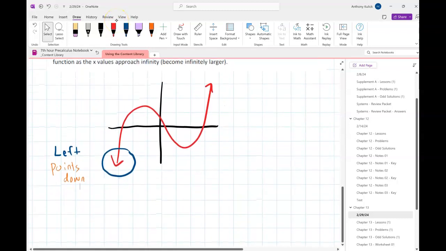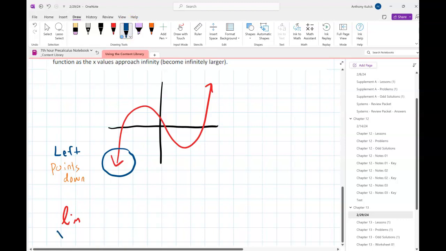To describe that using a limit, to describe it going left, we're going to say the limit as x approaches negative infinity, and the negative infinity part is designating that we're talking about the left end of our graph.